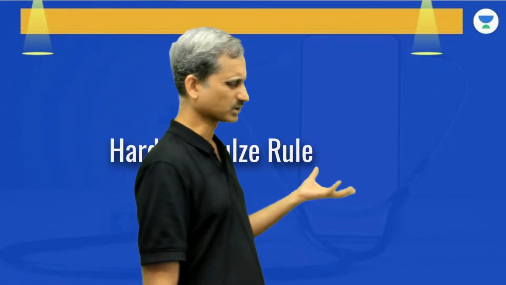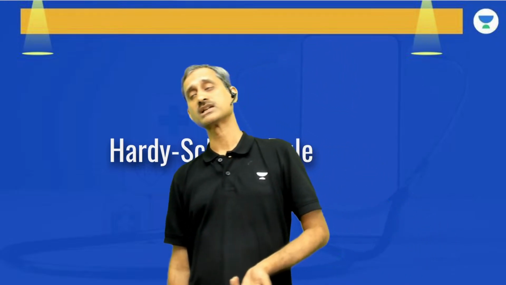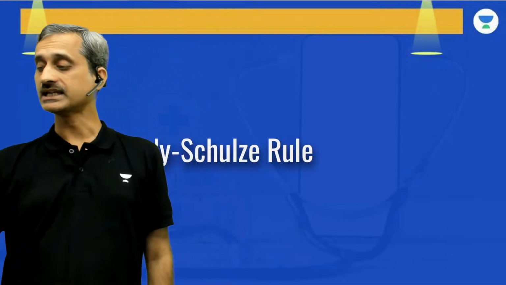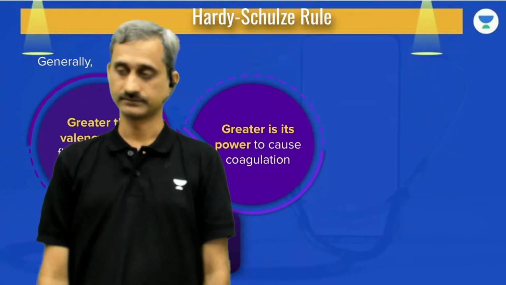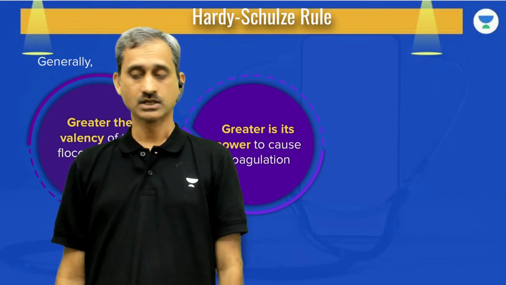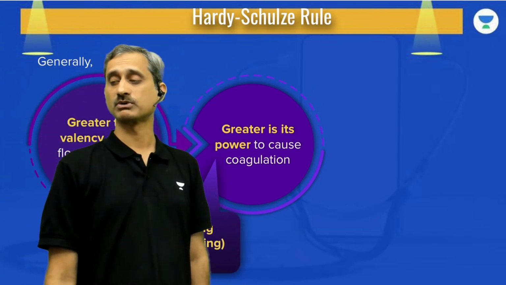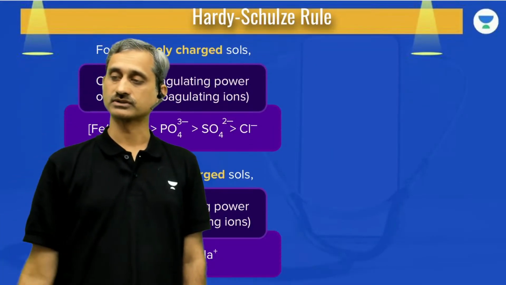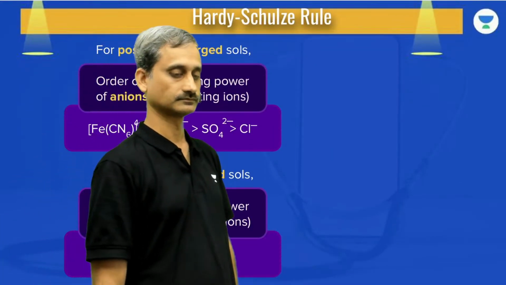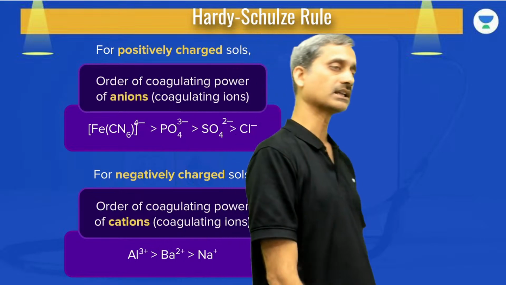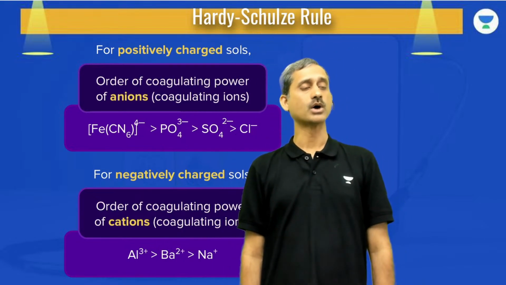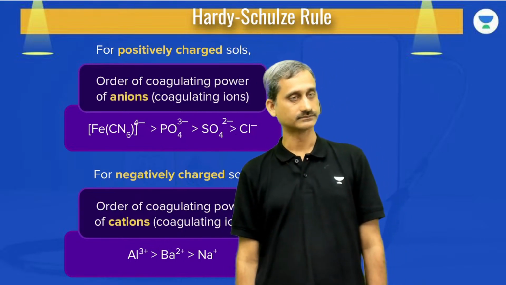Something like we have chloride, then better than chloride will be sulfate, better than sulfate will be phosphate. The more the charge density, the more easily it is going to coagulate. So it is not just the charge, but the charge density which is responsible for the coagulation. Is this clear? We are not talking about the negative particles, how easily they are able to coagulate.